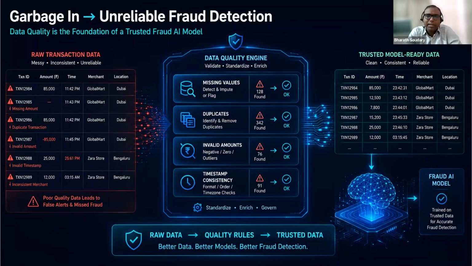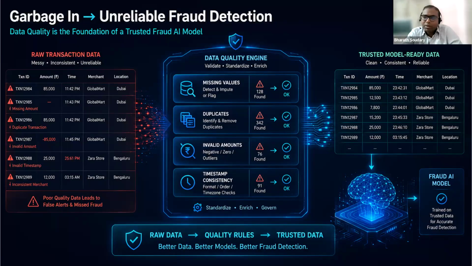Poor quality data can lead to false alerts, missed fraud, wrong decisions, poor model accuracy, and customer inconvenience. With false alerts, the user may get false alerts on a transaction. With missed fraud, when a real fraud happens to the customer account, the AI would miss capturing that fraud.